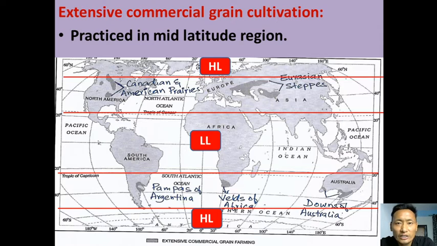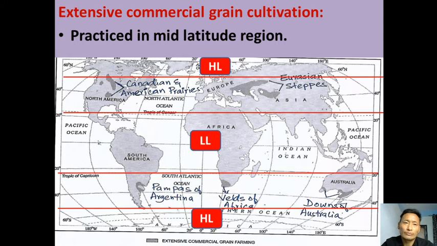Commercial, mainly they are cultivating for commercial purpose. What they are cultivating for commercial purpose is mostly grains. Grains means wheat, barley, oat and rye. These are called grains. So extensive commercial grain cultivation means cultivation of grains mainly for commercial purposes on a very large agricultural land.